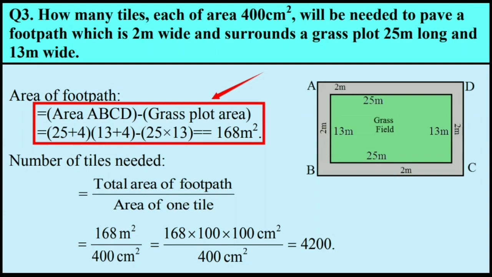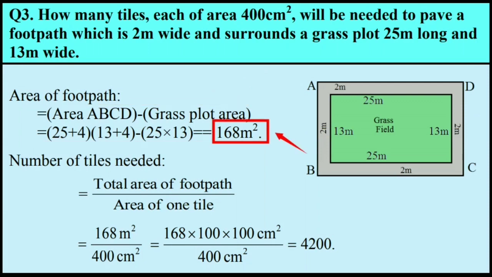The area of ABCD is 25 plus 4 multiplied by 13 plus 4, and area of grass plot is 25 multiplied by 13. The result of area of the footpath after calculation is 168 meters square.